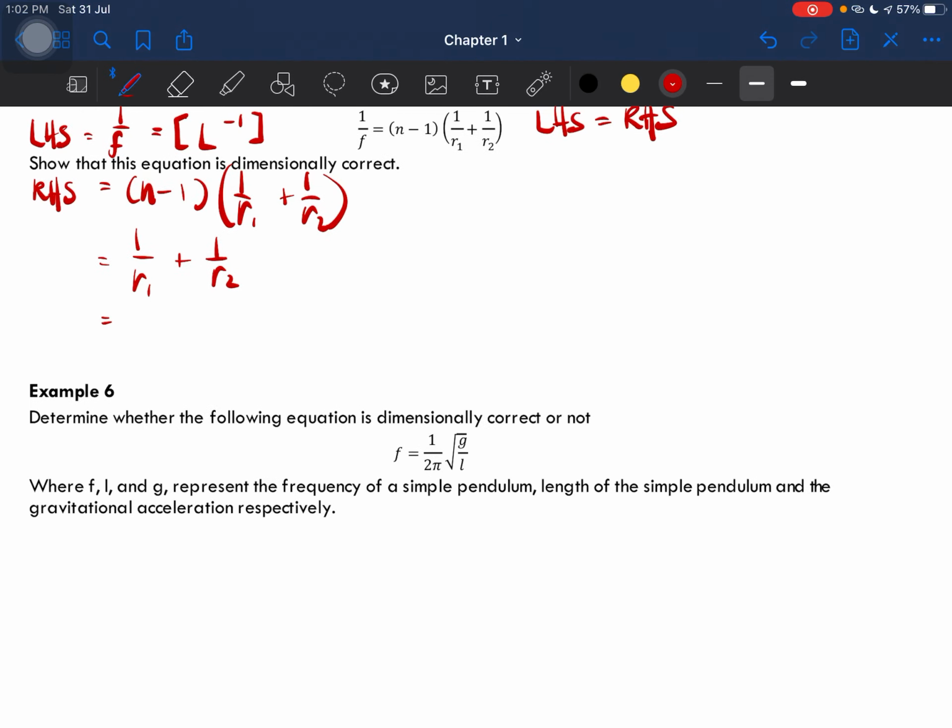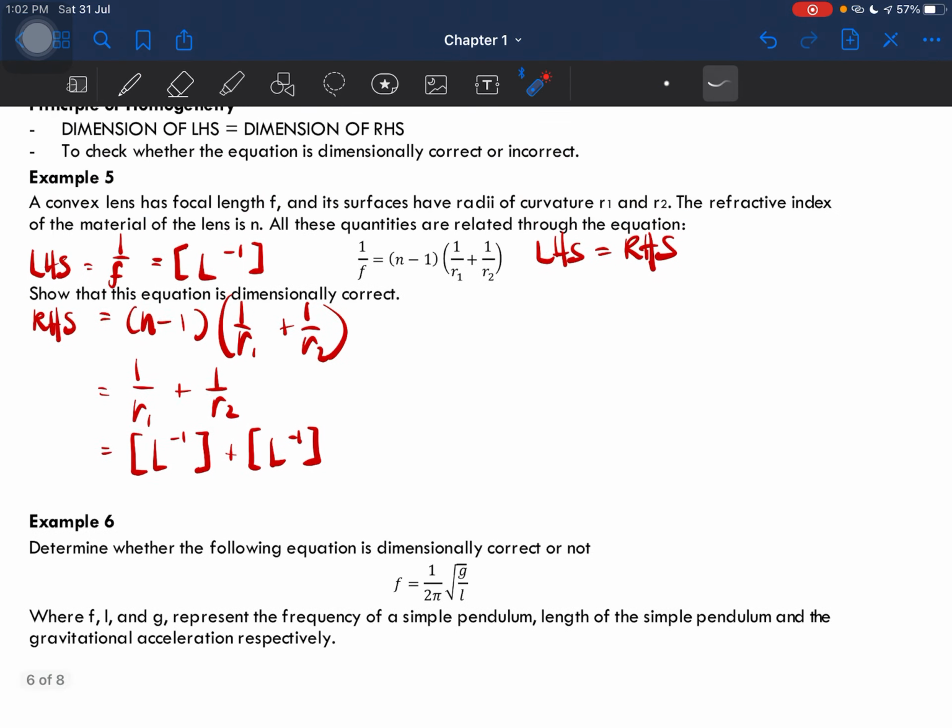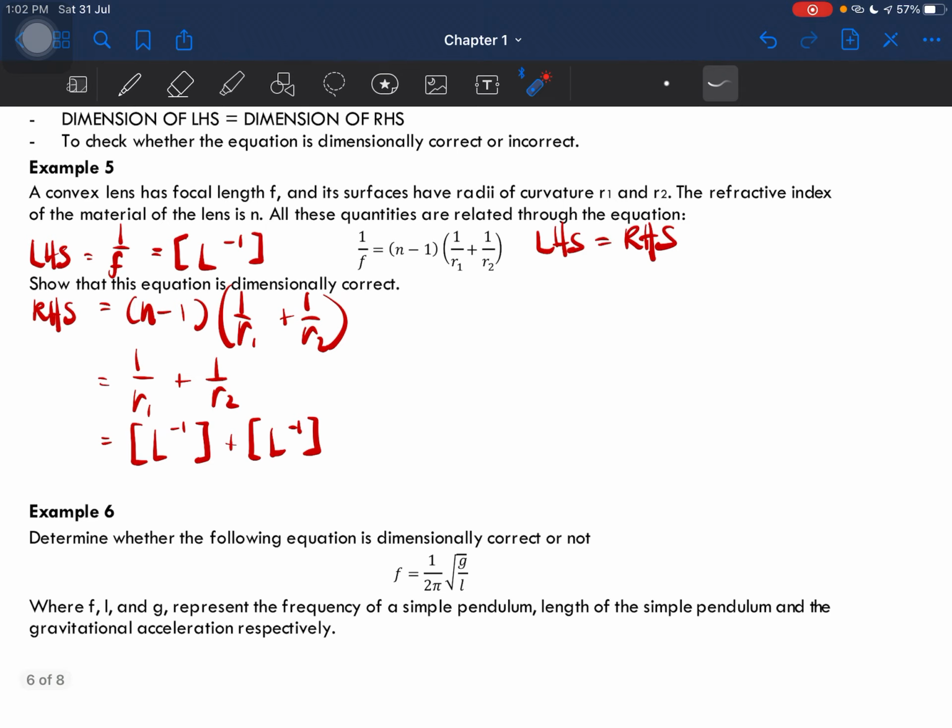So from here we can see that we have L negative 1 plus L negative 1 also. Why do I put L here? Because radii of curvature is a type of length also. It's a type of measurement for length also. So that's why we put L.